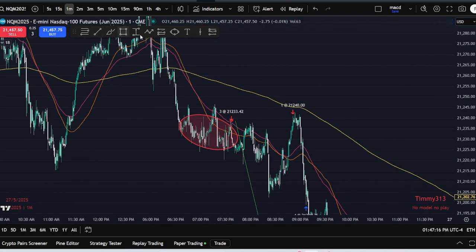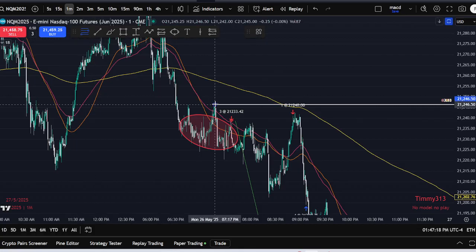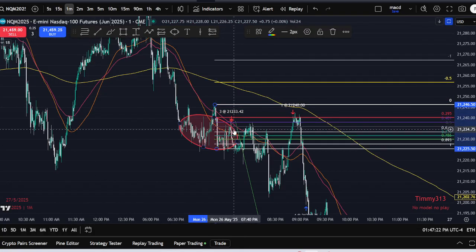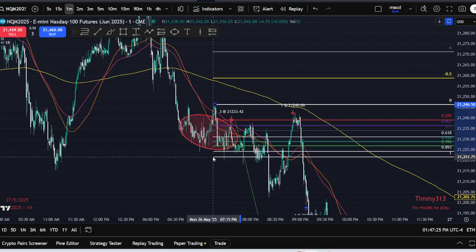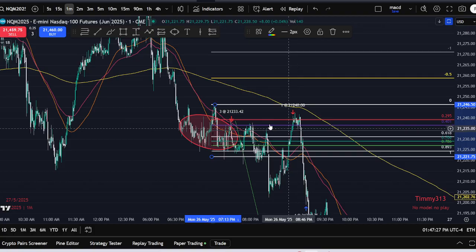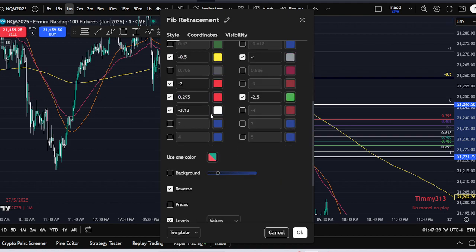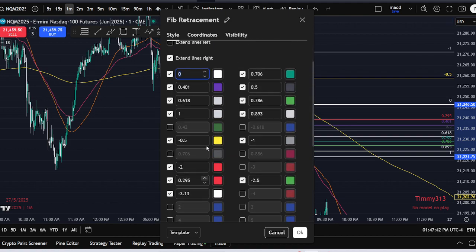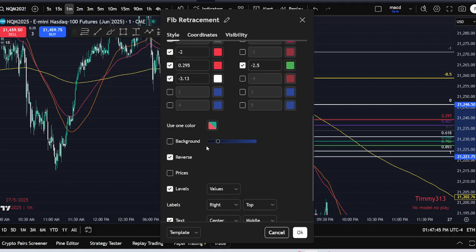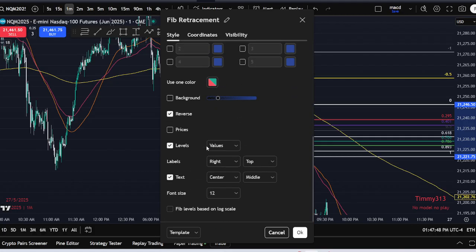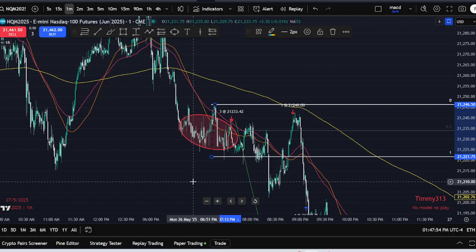So if you take the pattern and you put a fib on it, the whole thing here, it has to be above the midline. There, that's better. It just shows just the 0.5 right here.